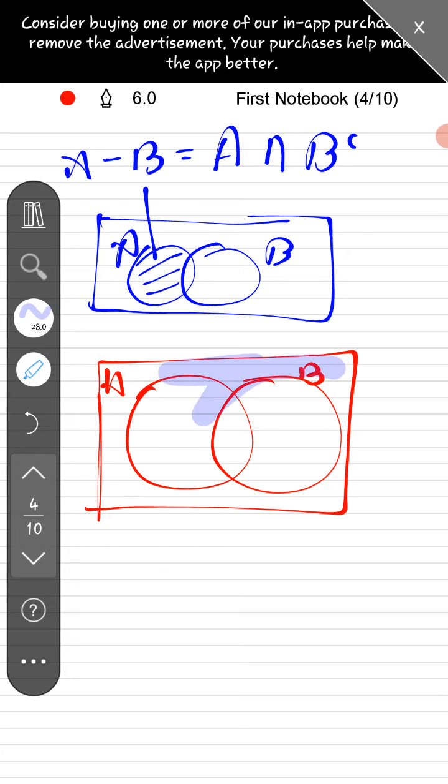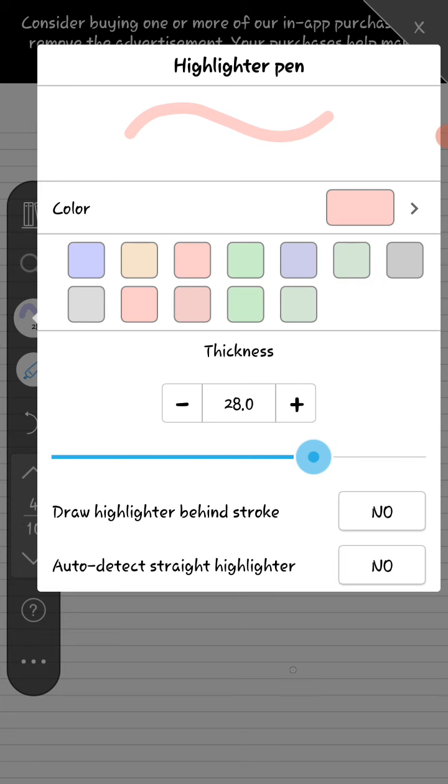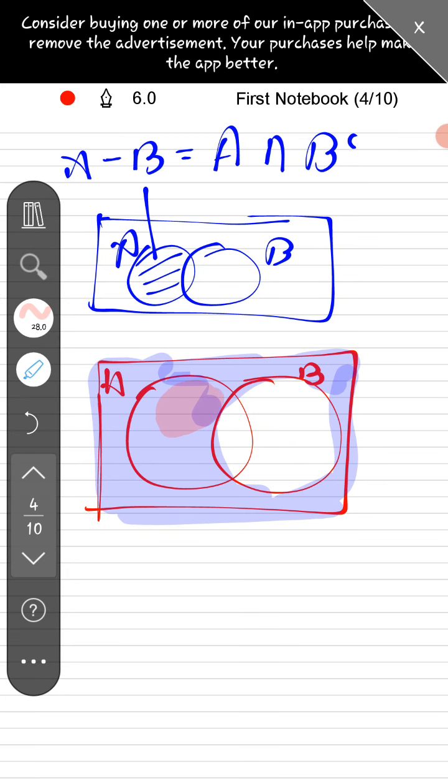I am shading the portion. Is it correct? This is the B complement. Yes, all the areas which are not B are known as B complement. Okay, and now its intersection with A. What is the intersection with A? So I should mark A here.